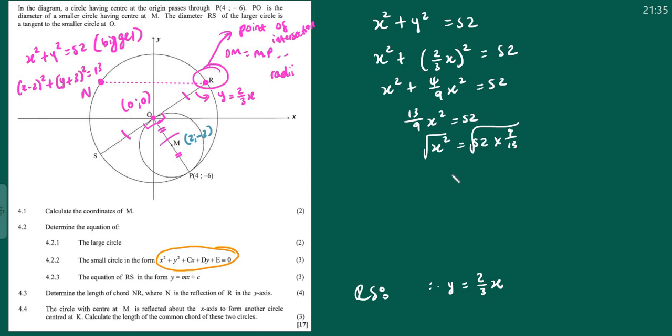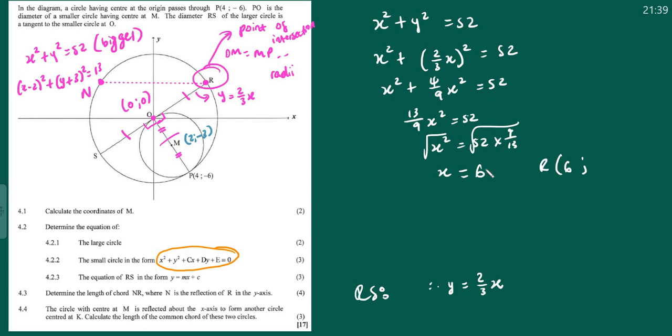Take the root, then you can get the x at R. It's the root of 52 times 9 over 13, which gives you 6. So the x of R is 6.